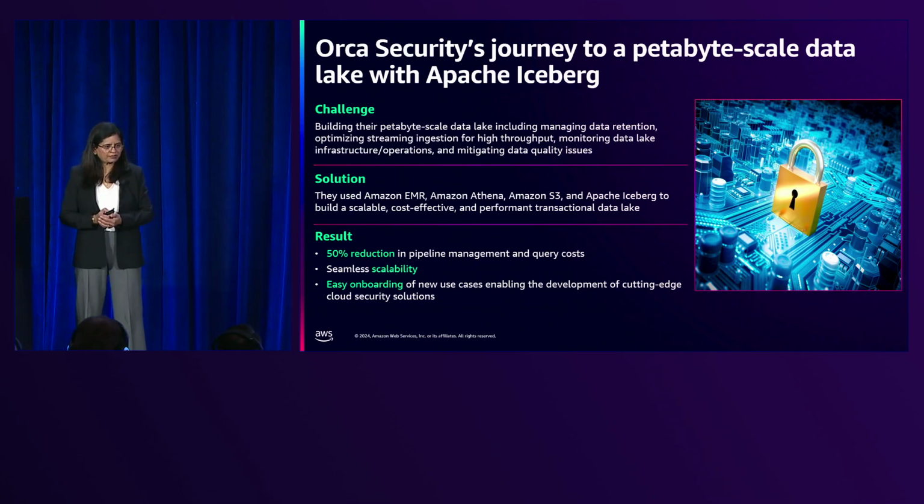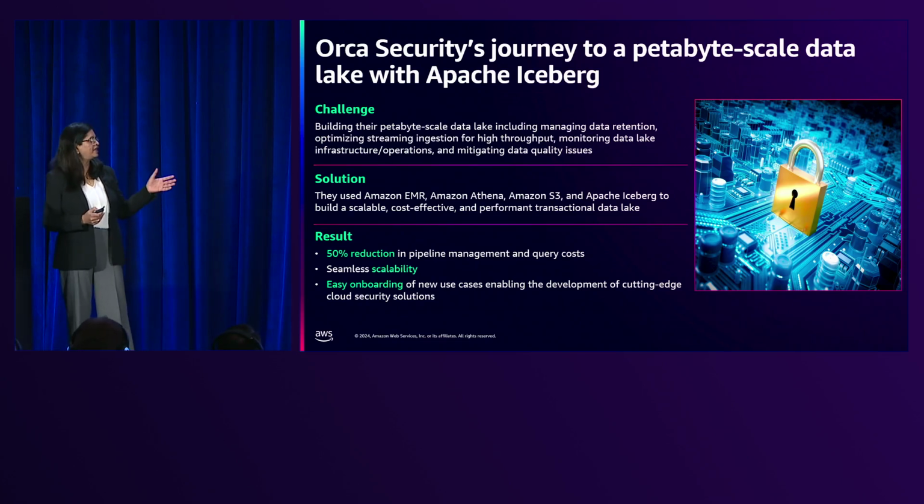And so they chose Apache Iceberg to build a scalable, cost-effective, and performant transactional data lake. And as a result of implementing this, they were able to reduce their pipeline management and query costs by 50%, which scaled seamlessly, and they were also able to onboard newer use cases onto this petabyte scale data lake.